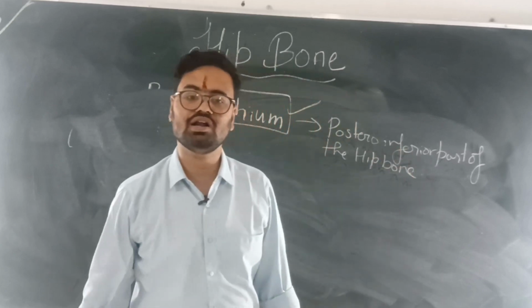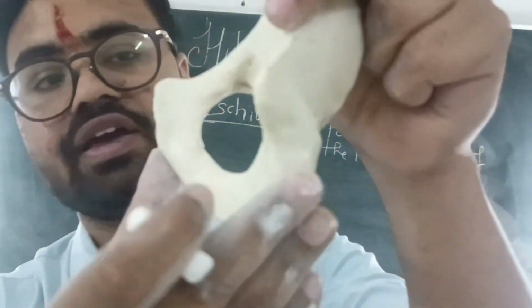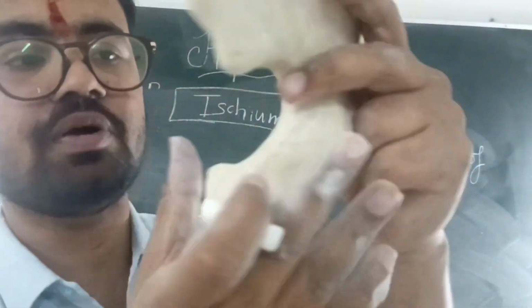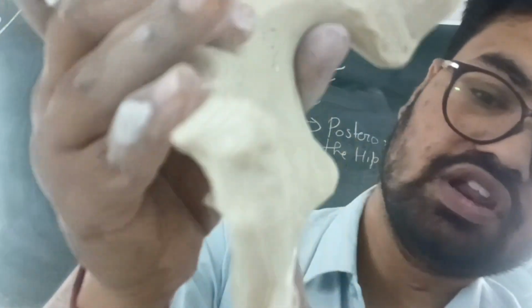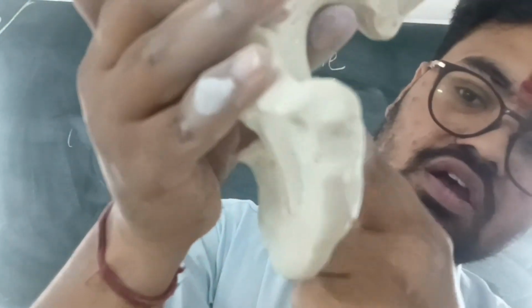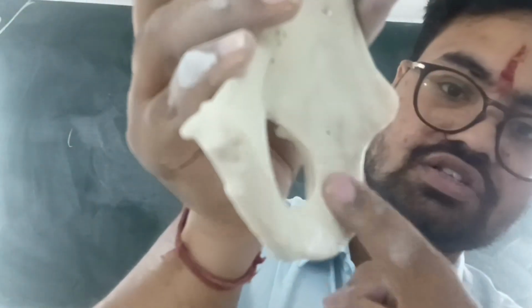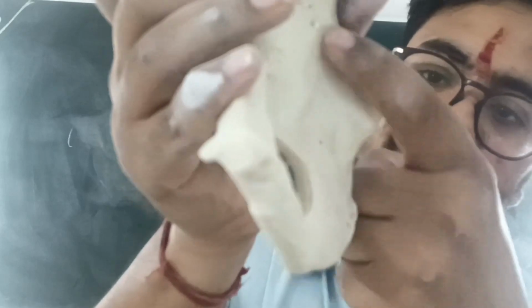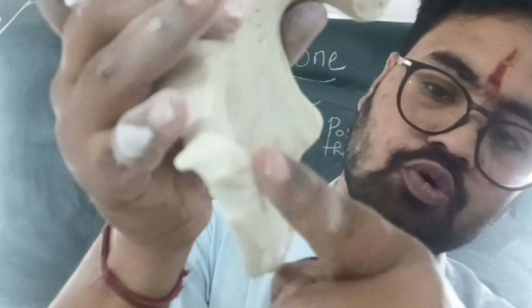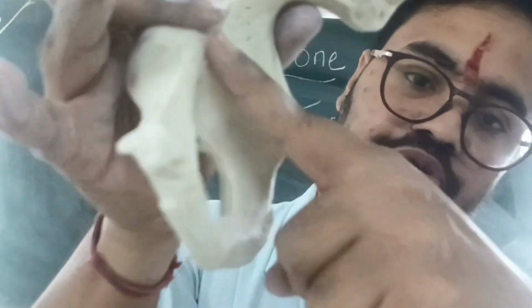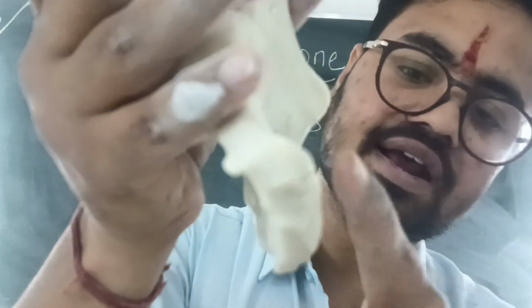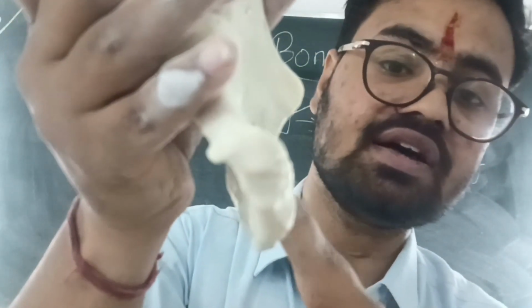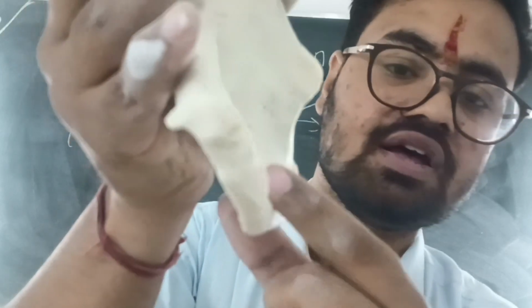Posterior inferior part. If I try to show you again, see, it is towards the back. This one is the posterior part, see like this. This one is the anterior and this portion is the posterior. So this bone is the posterior inferior part, which is called the ischium. This anterior portion is the superior ramus of the pubis, this is the inferior ramus of the pubis, this is the pubic crest, and behind the inferior ramus starts the ischium bone.